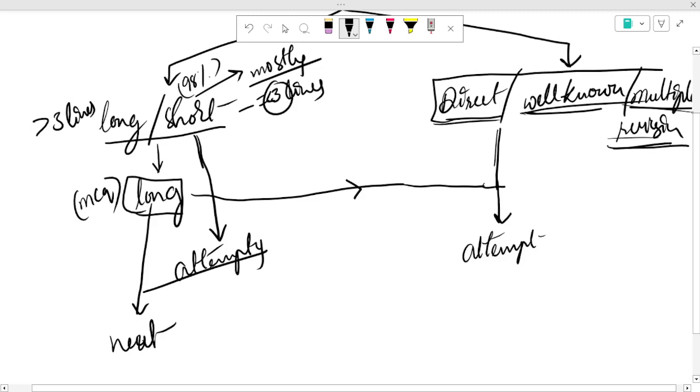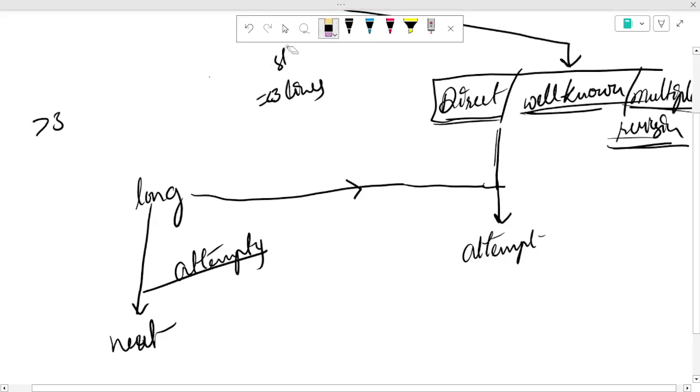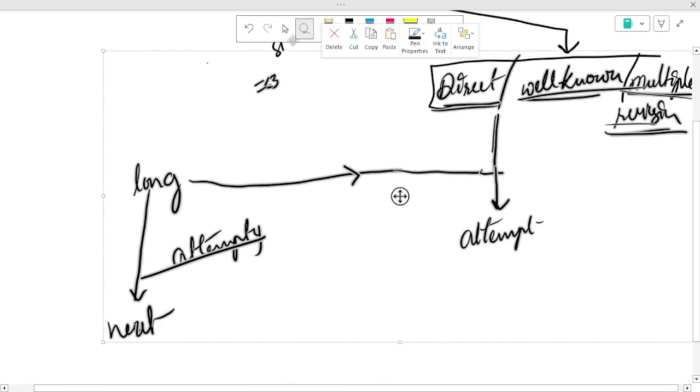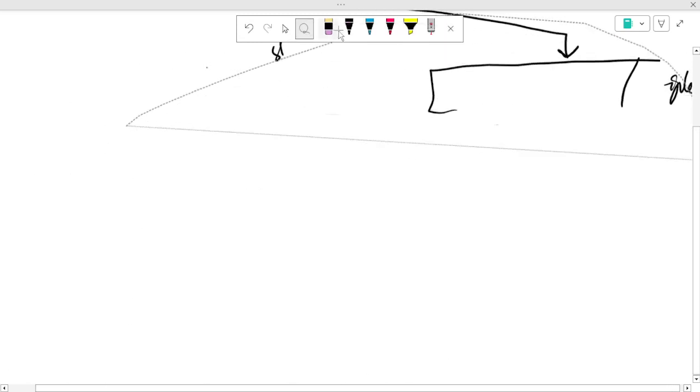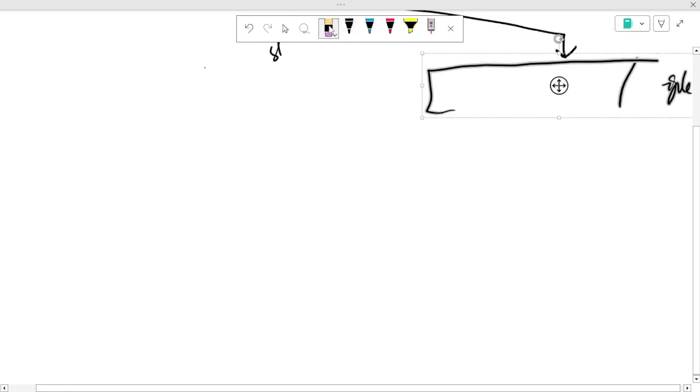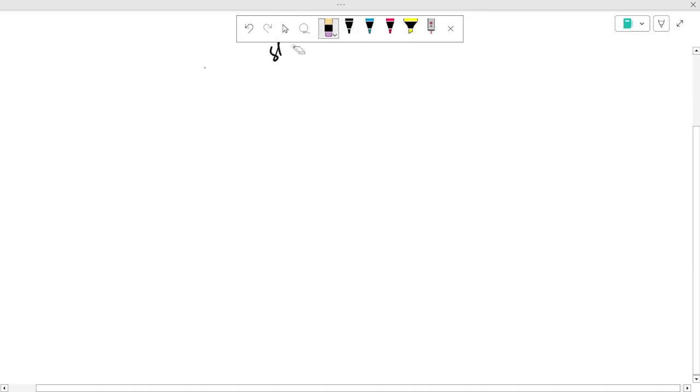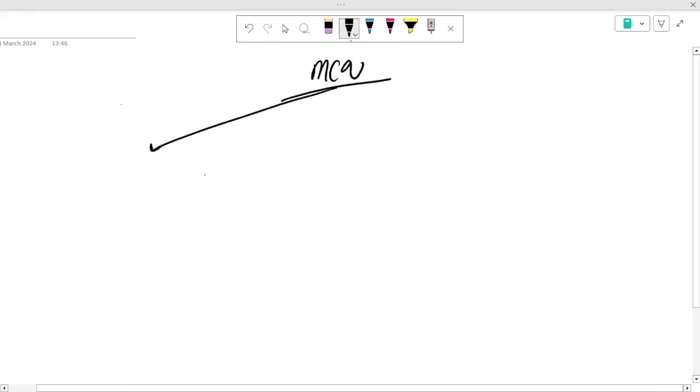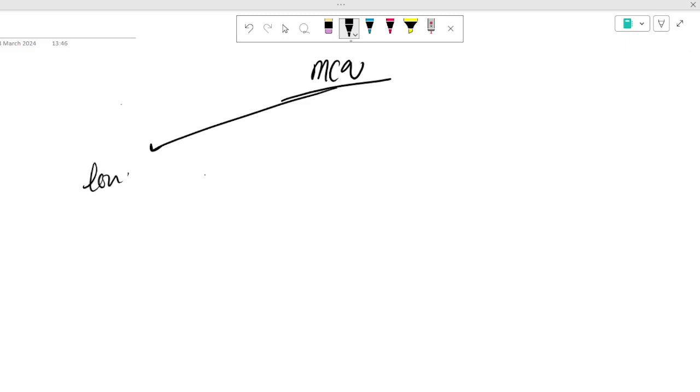Okay. Now we will write this clearly here. Right. So now, if an MCQ is given, first you have to decide whether it is long or short.